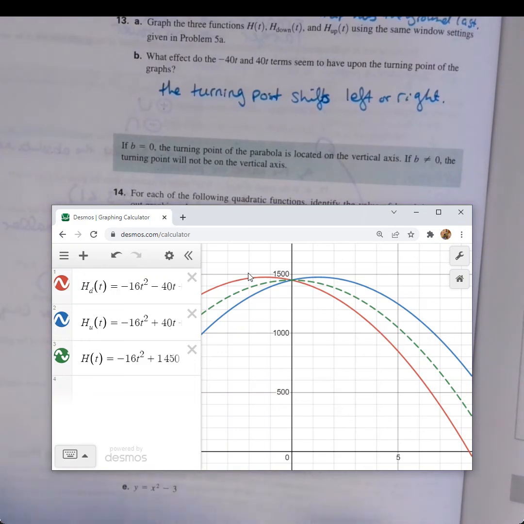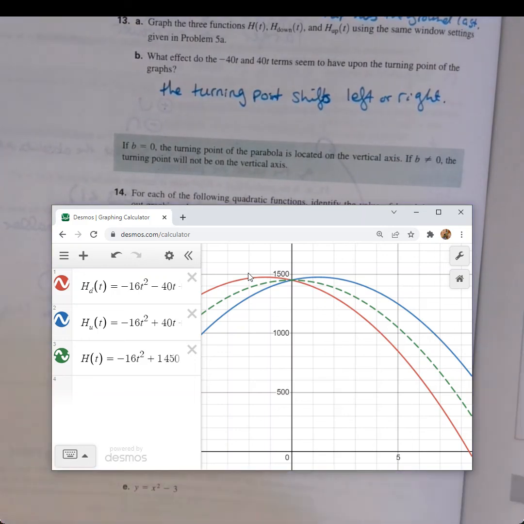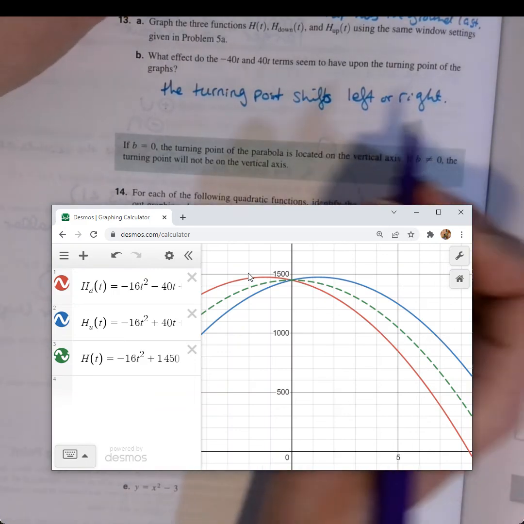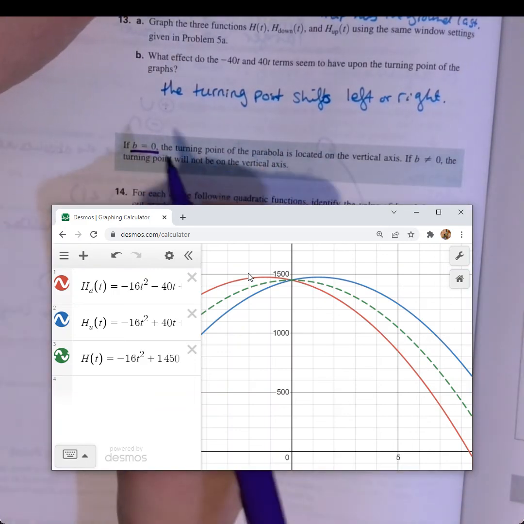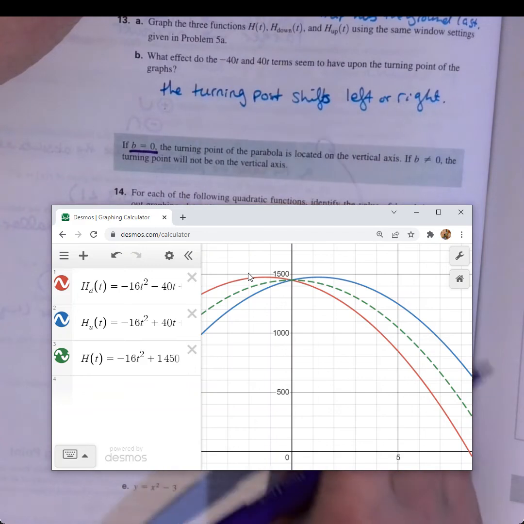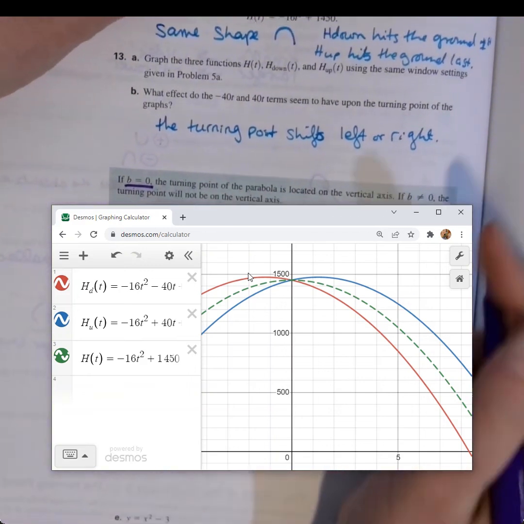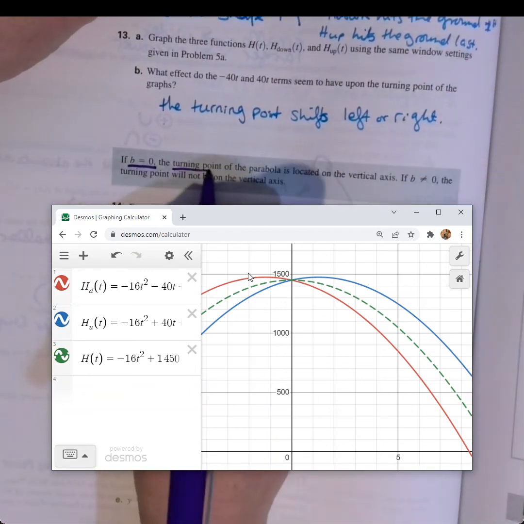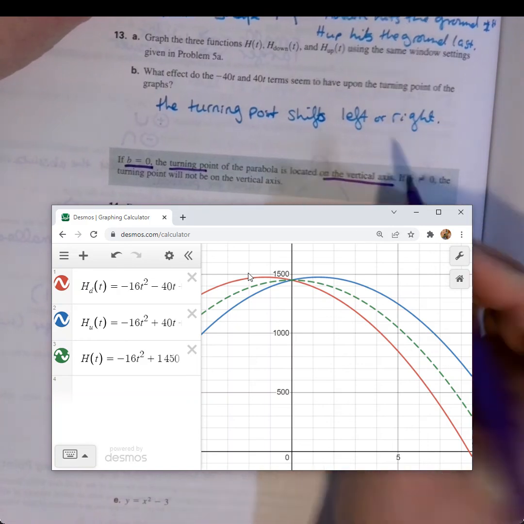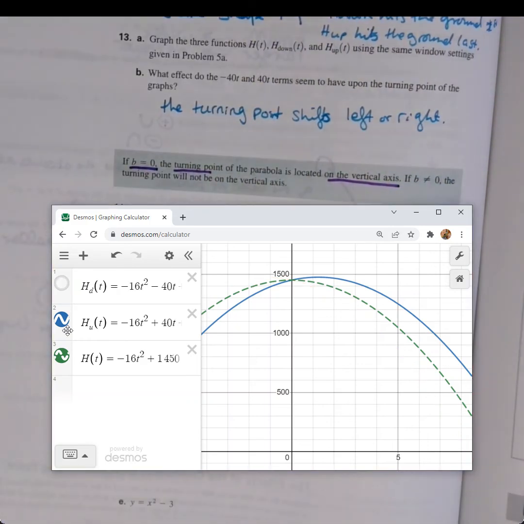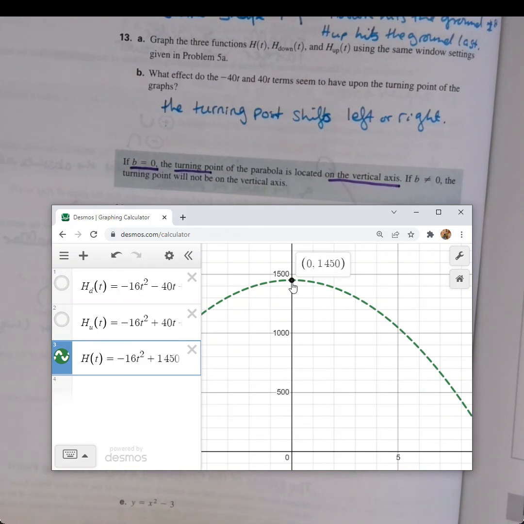Okay, and so our conclusion about B here is that if b is equal to 0, like it is in the original function, then the turning point is on the vertical axis. So if I turn off the other two for a moment, the turning point of this one's right on the vertical axis.